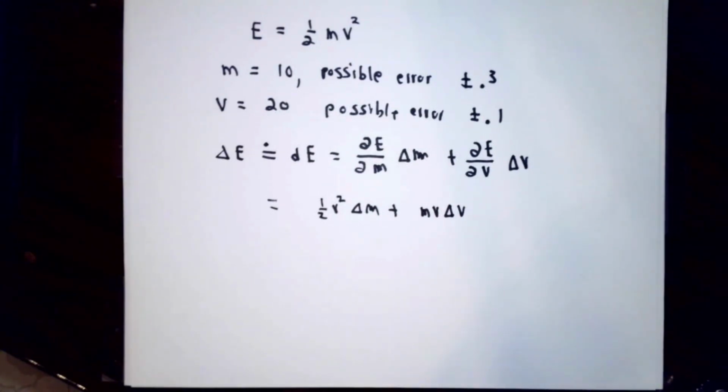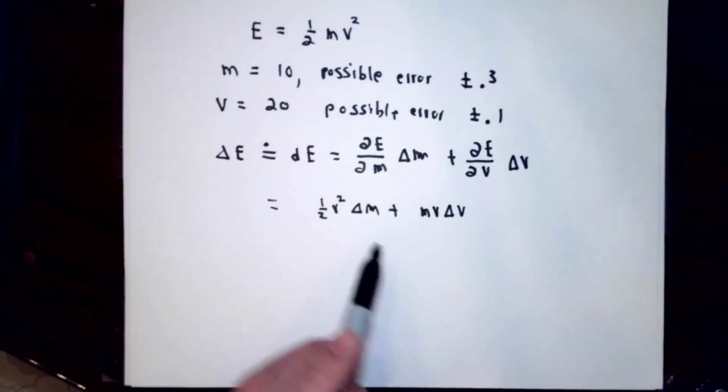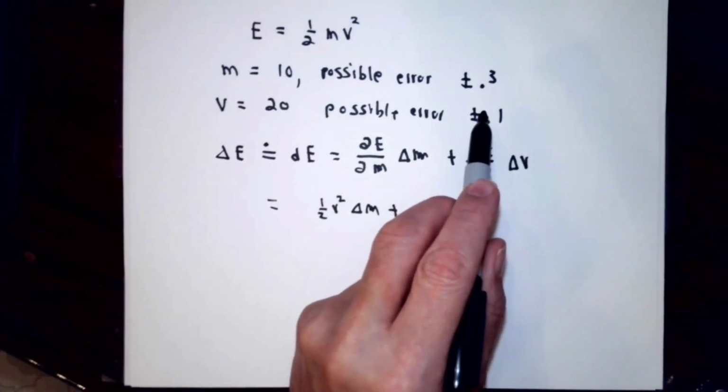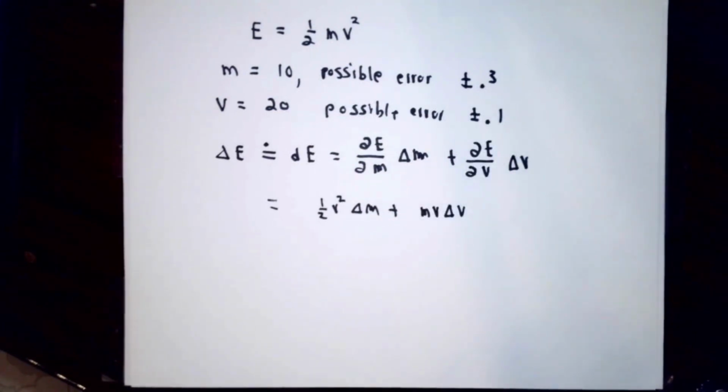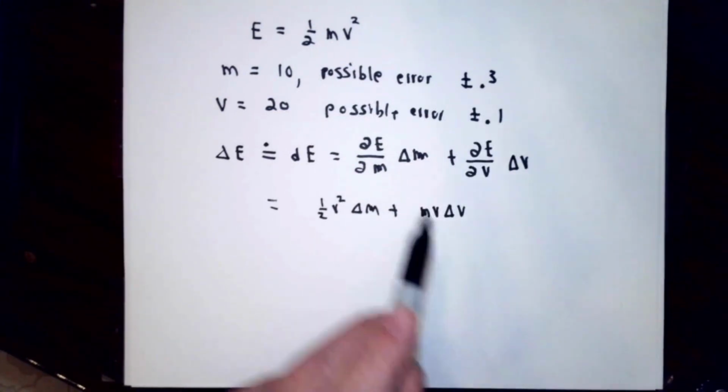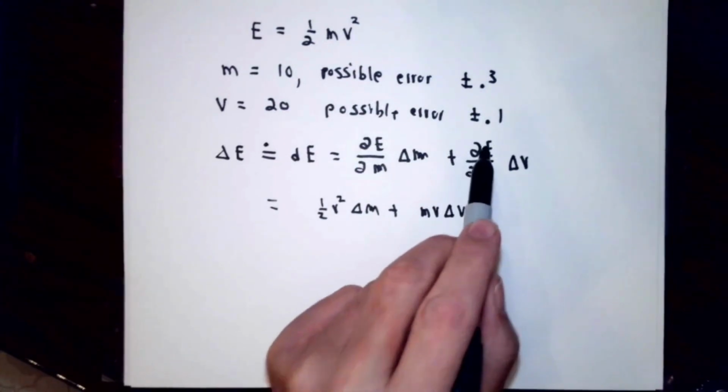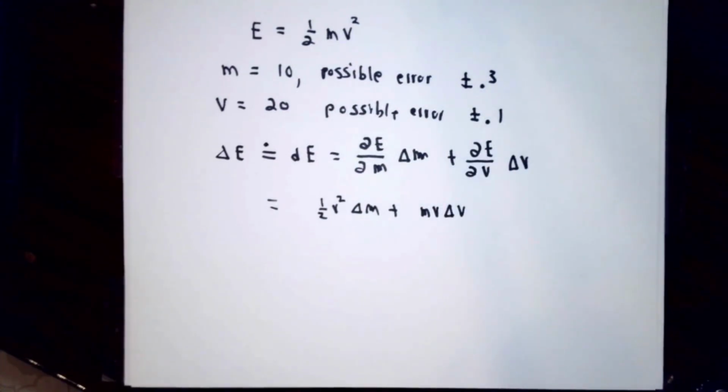All I'm going to say about delta m is that it could be as big as 0.3, it could be as small as negative 0.3, or anything in between. Delta v is going to be no more than 0.1 and no further to the negative side than negative 0.1.